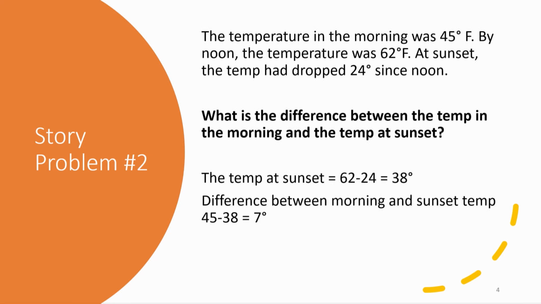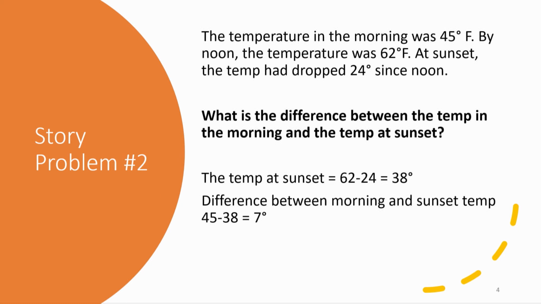At sunset, the temp had dropped 24 degrees since noon. So what is the difference between the temperature in the morning and the temperature at sunset? So we're given all this information we need, but we have to do a little bit of work before we can figure out what the number is that we're looking for.